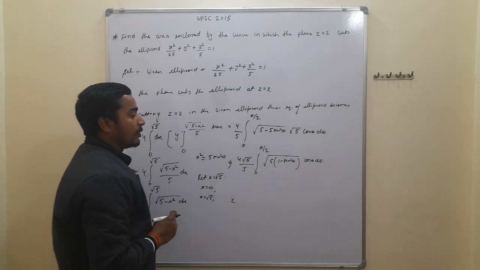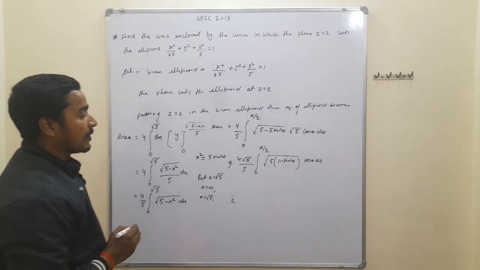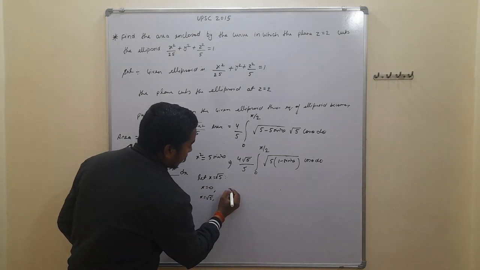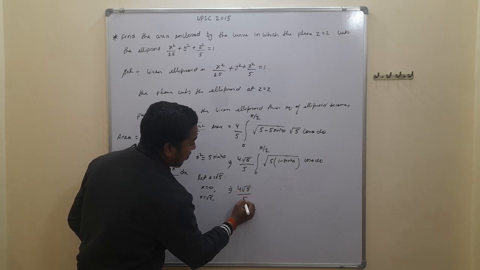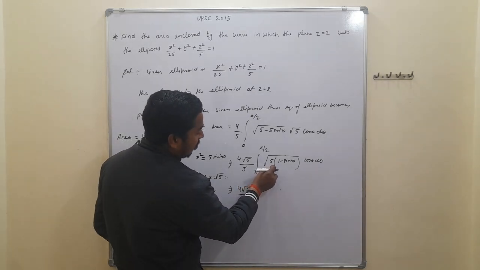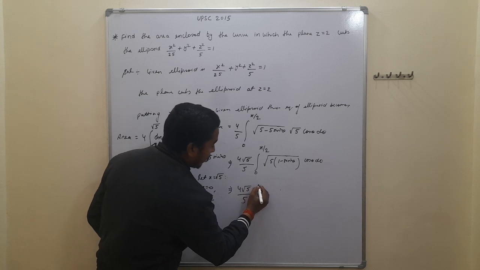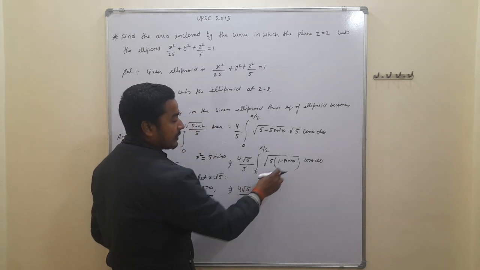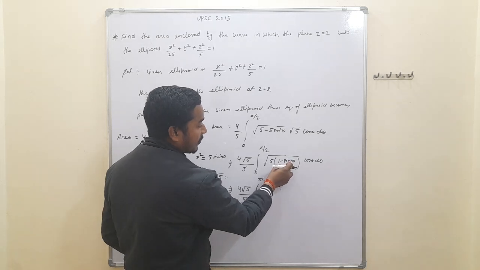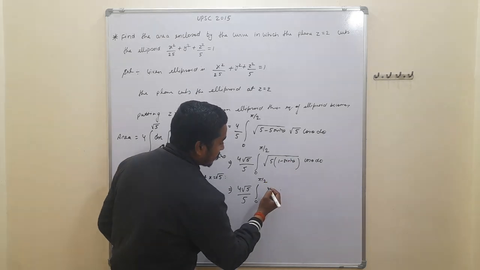We know from trigonometry that 1 minus sin square theta is cos square theta, and the square root of cos square theta is cos theta.